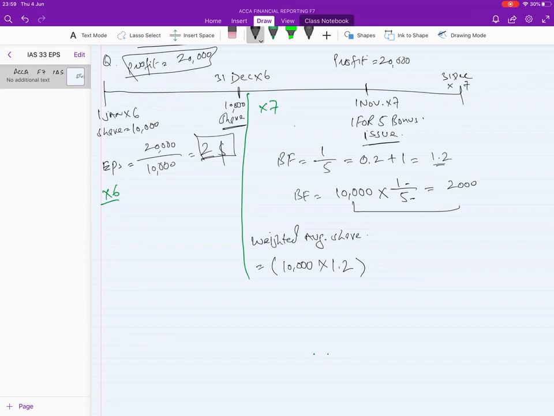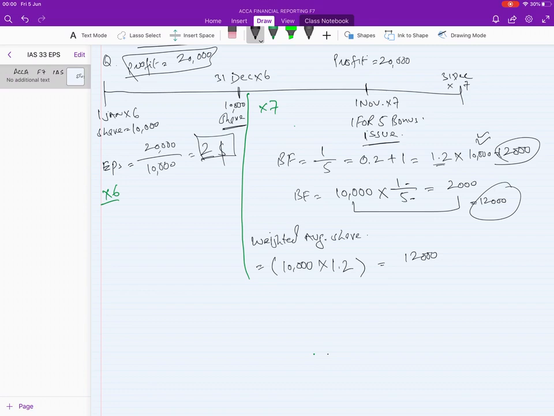If you add these two, it will give you 12,000, and if you multiply 1.2 with the 10,000, it will give you the same 12,000. The answer is the same, but this is quicker. So this is your weighted average number of shares, which is 12,000 in this year.